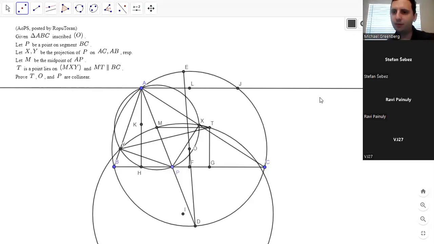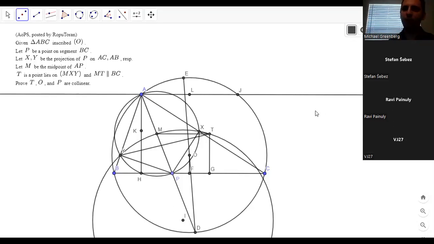Oh, because it's a way to find the functions. Okay, because T is moving on the midline. You kind of redefined it. Okay. Let me, okay, I'll copy your proof into here.